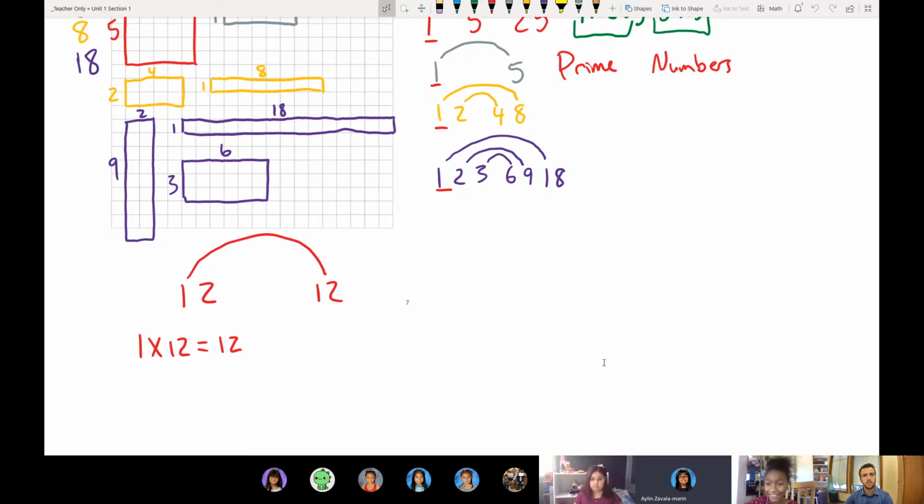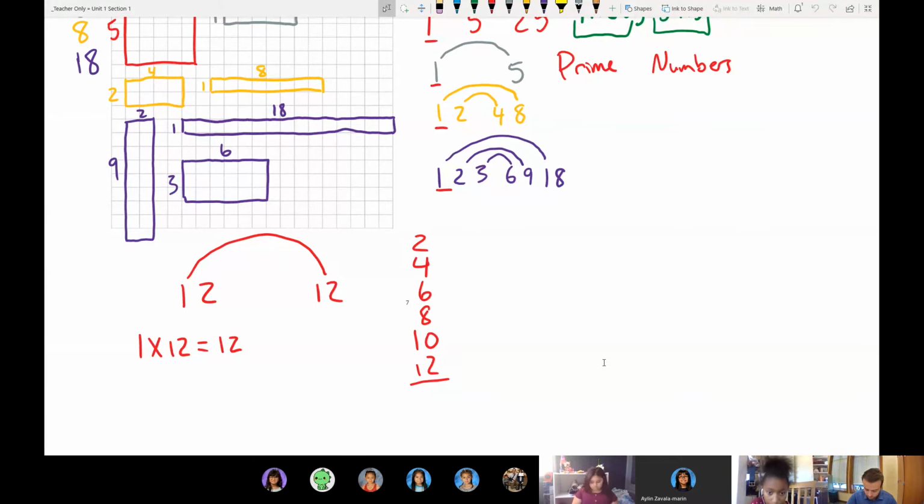Leah's shaking her head no. Well, the nice thing about this is that we can skip count to it and check. So if we were looking to see if 2 is a factor of 12, well, let's try it. 2, 4, 6, 8, 10, 12. Oh, yep, there it is. If we skip count by 2, we get to 12.